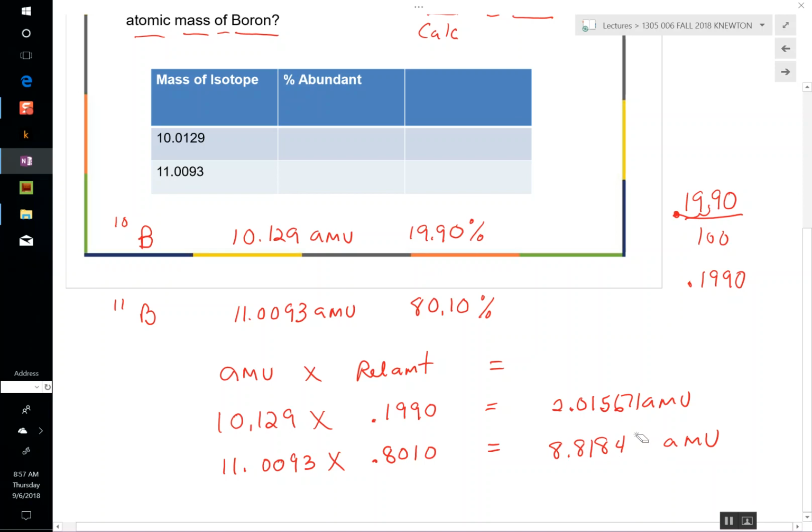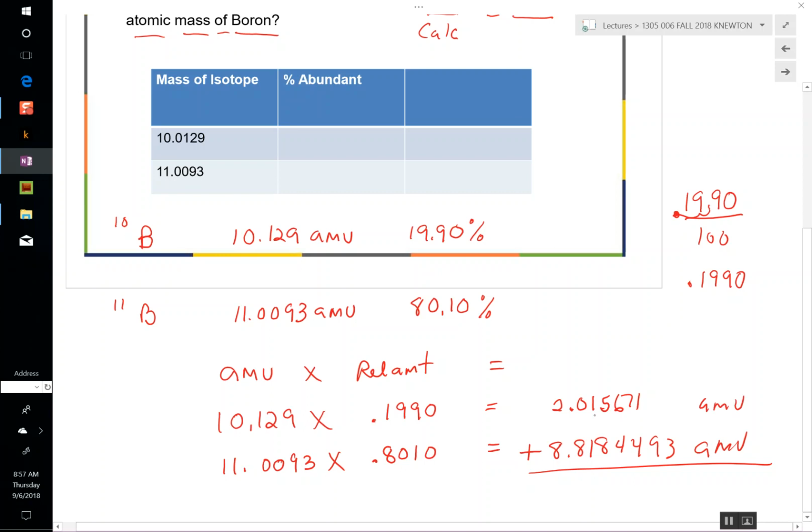Two fours in there. Yeah. All right, we probably got a whole lot more digits there than we need. What we're going to want to do is round off a number to 2 decimal places down here. So now what you do is add those 2 numbers together.